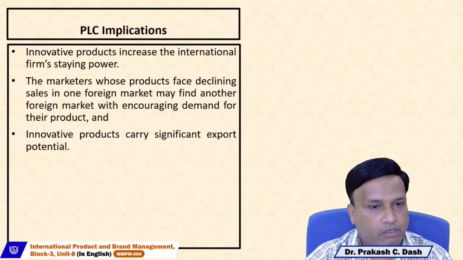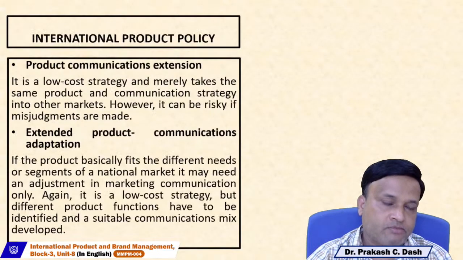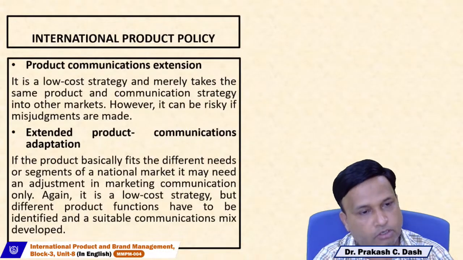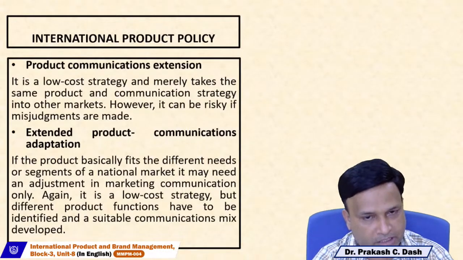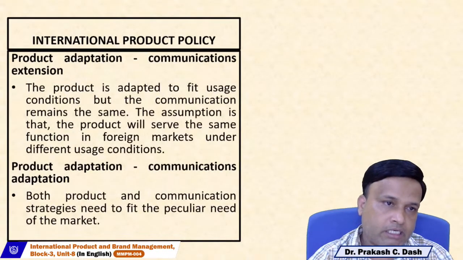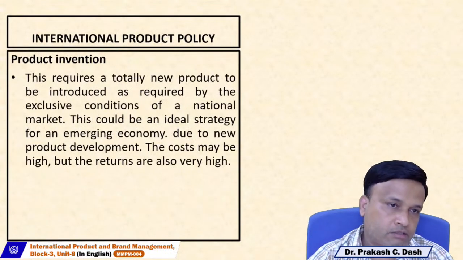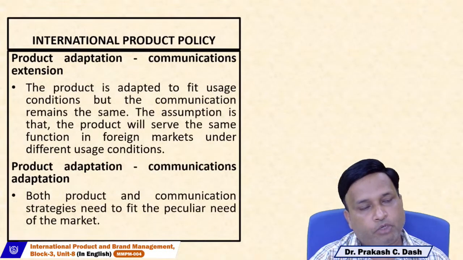We can go for the other markets. An innovative product carries significant export potential. In international product policy, you talk about product extension and communication extension, product adaptation and communication adaptation, and also product invention. You have five kinds of policies.